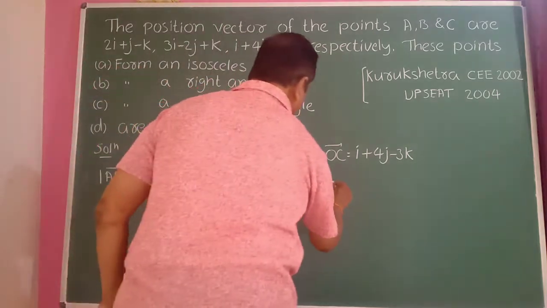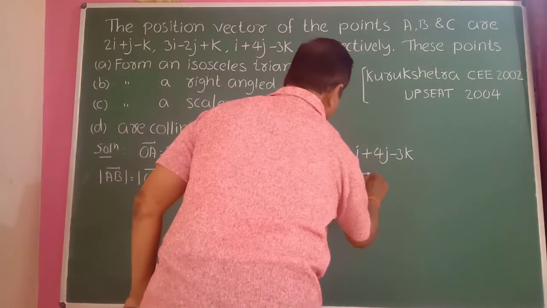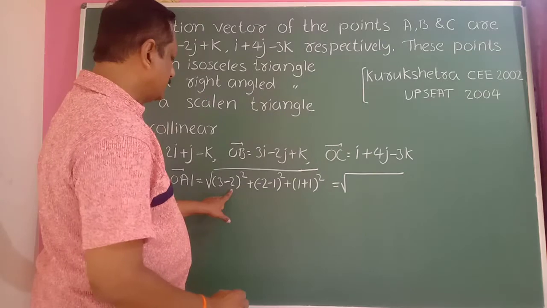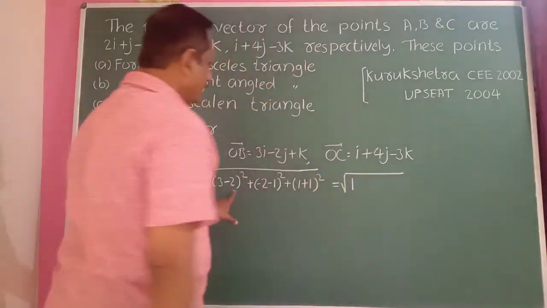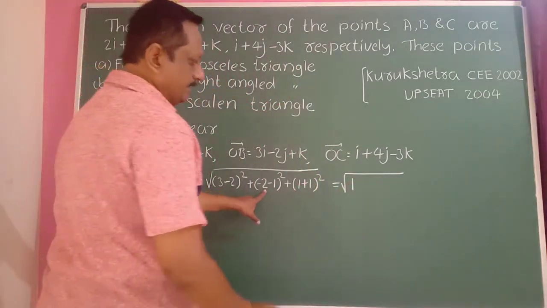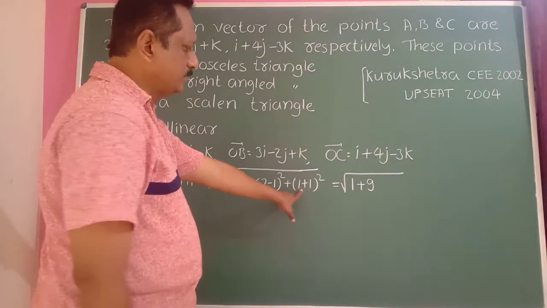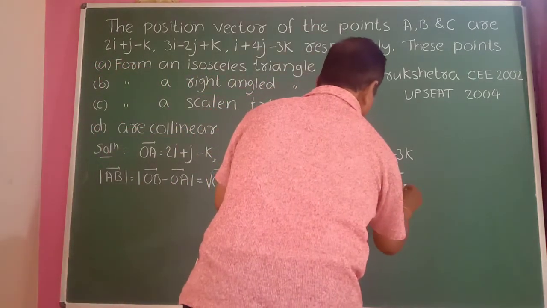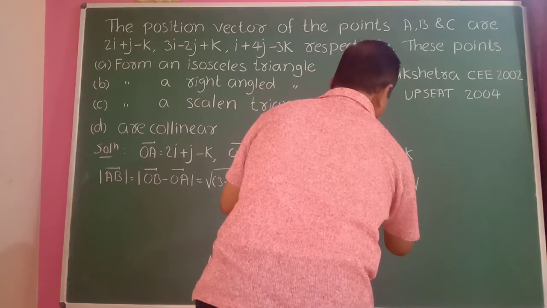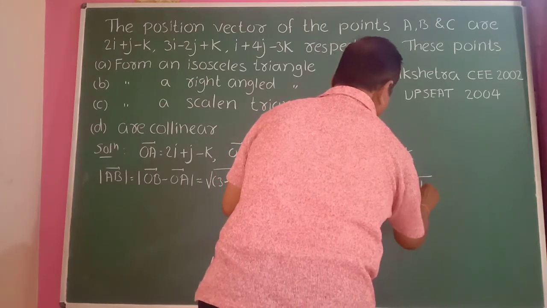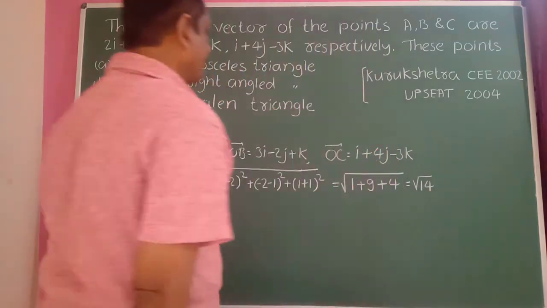Therefore, this is equal to root of: 3 − 2 is 1, 1 squared is 1. −2 − 1 is −3, −3 squared is 9. And 1 + 1 is 2, 2 squared is 4. Therefore, this is equal to root of 14. Square root of 14 here.